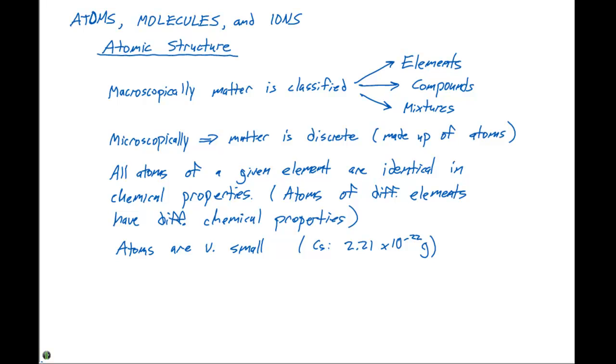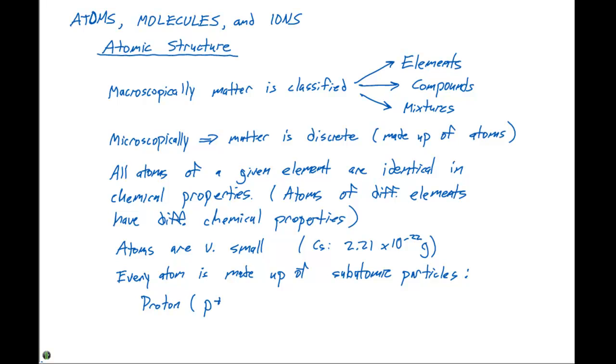We also know that every atom is made up of subatomic particles. These 3 subatomic particles are the proton, which we'll abbreviate with a lowercase p with a plus subscript.